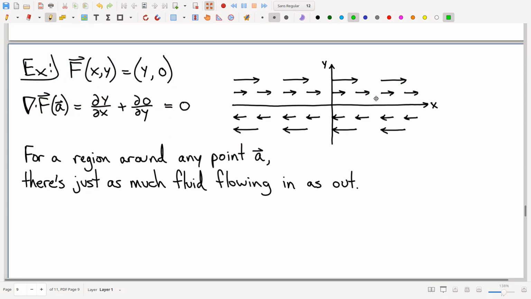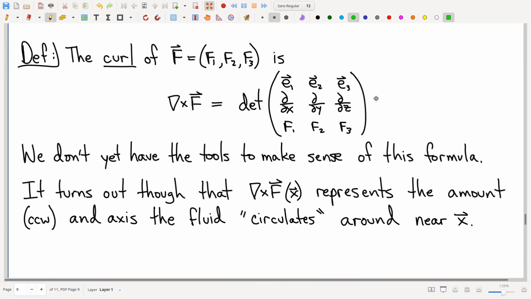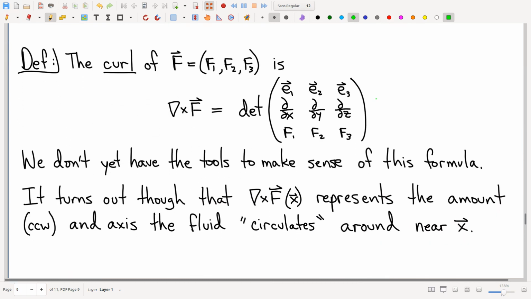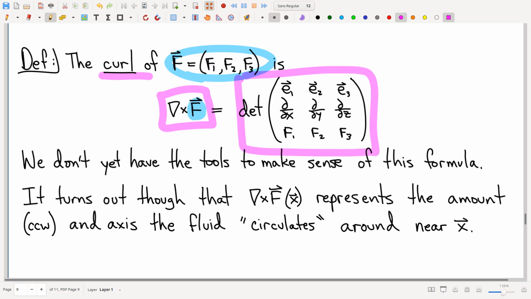Next, we're going to talk about something called curl. This one, again, I'm going to pull out of nowhere. I'm going to write down a formula that I don't justify and won't justify until much later, right near the end of the course. Again, presuming I have a vector field, the way we compute the curl of the vector field is this wacky formula right here.